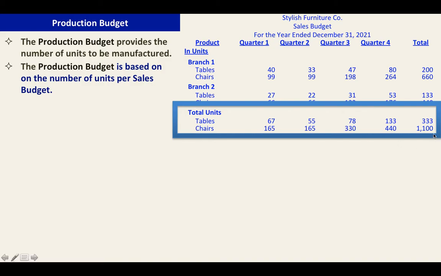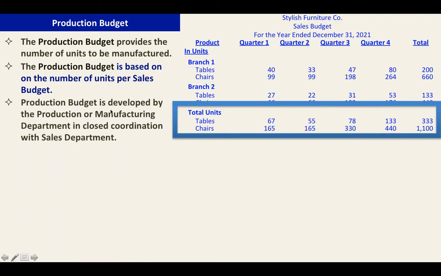For tables, we have 333 units, and for chairs, we have 1,100. And this total is broken down within the 4 quarters of the year.